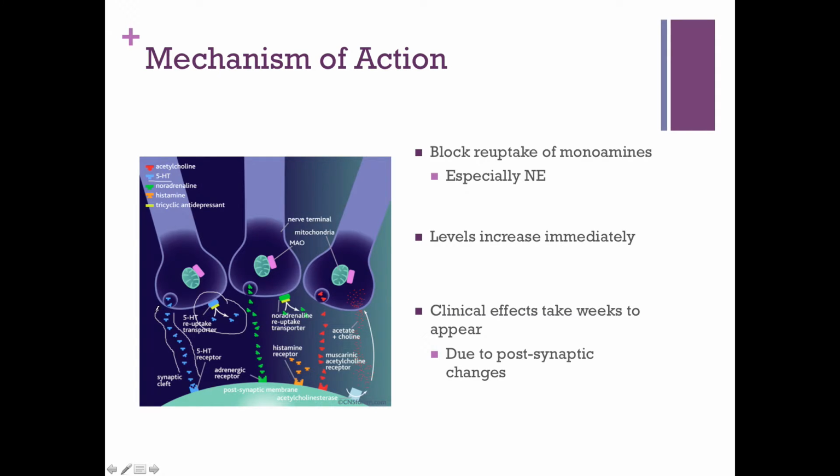If you can increase the amount of serotonin in the synaptic cleft, then you increase the amount of binding interactions the serotonin has with its receptor. If, however, the reuptake transporter is working, it's essentially a vacuum, and it'll suck up the serotonin and repackage it into vesicles. So these tricyclic antidepressants block the serotonin reuptake transporter, so serotonin floods the cleft.